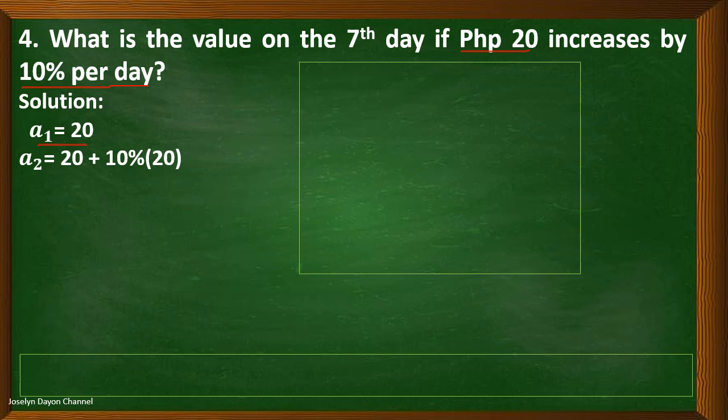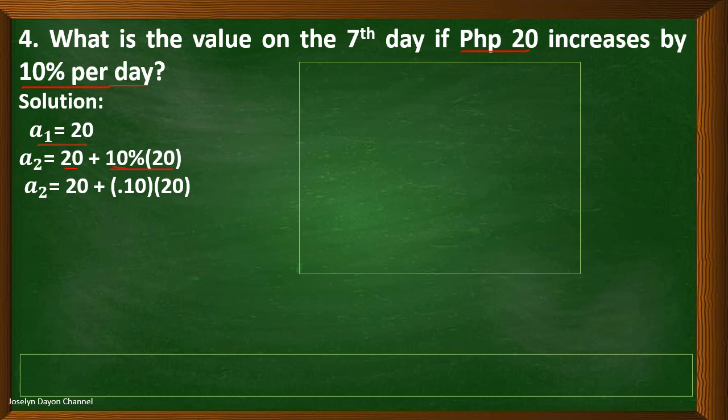So according to the problem, 20 pesos increases by 10% per day. So meaning to say, to get the second term, we have to add 20 and 10% of 20. So therefore, we have to multiply 10% of 20. Before you can multiply percent form, you have to change this one first into decimals.